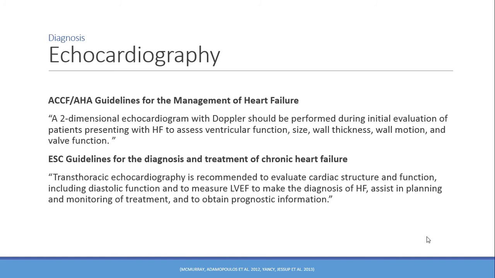The ACCF/AHA guidelines for the management of heart failure report that a two-dimensional echocardiogram coupled with Doppler is highly recommended for use with patients that have or are at risk of heart failure. This recommendation is also reflected in similar guidelines outlined by the European Society of Cardiology.